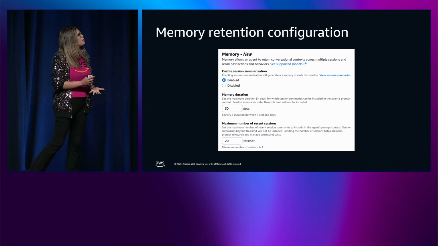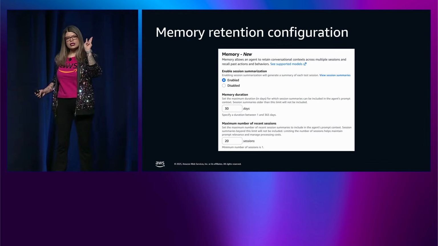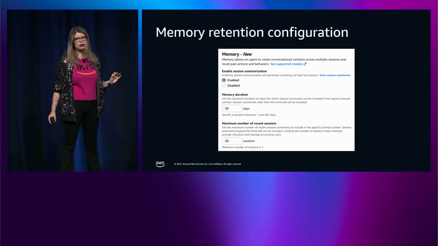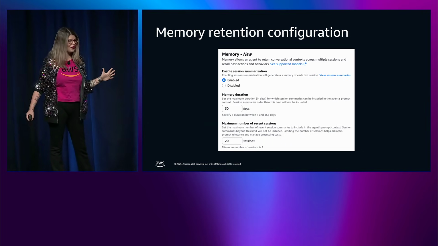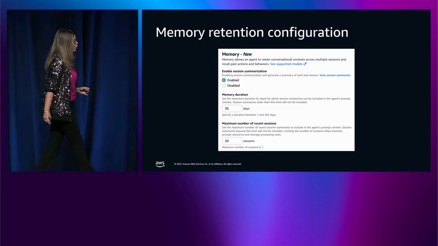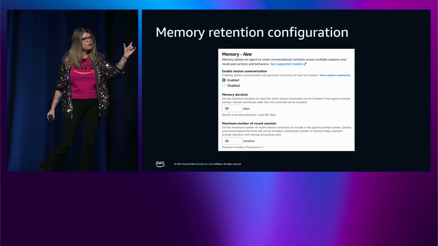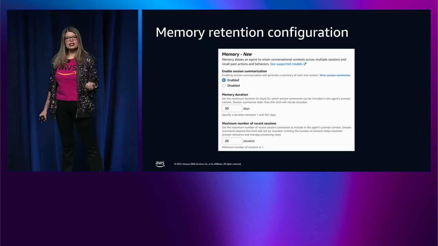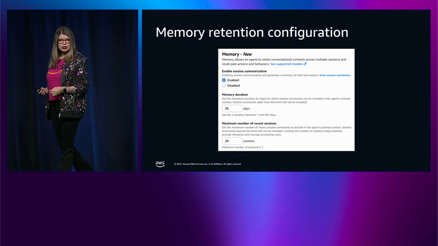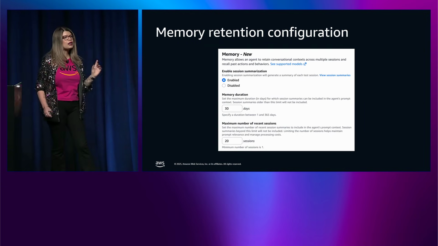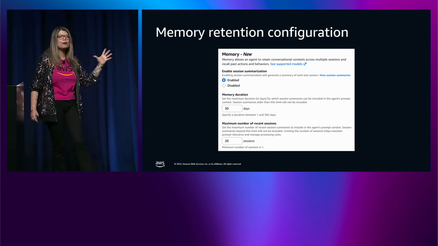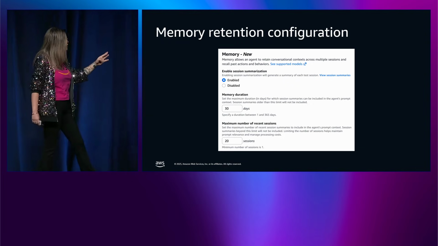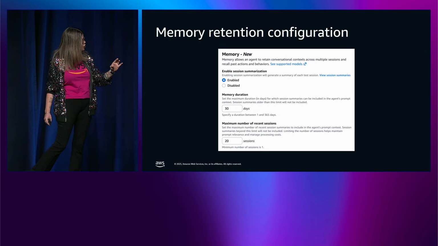We are going to configure the memory in 3 steps. The first step is to enable the memory. This is very important. We are not taking every single word that was used in the past interactions. We are going to use a summarization, so the key points of the past interactions. After that, we have the memory duration.